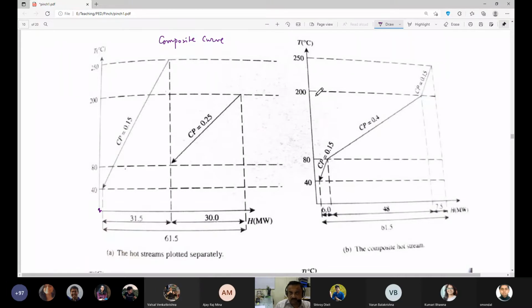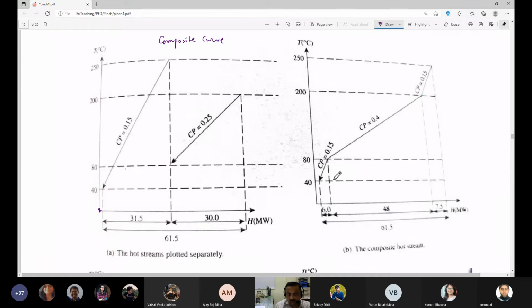Between 200 and 250 the CP value remains 0.15, and between 80 and 40 it remains 0.15, and in between I have the combined effect of the two. So I can simply add the two MCP values: 0.15 plus 0.25, so I get a CP value of 0.4. This is known as the composite curve as far as the hot stream is concerned.